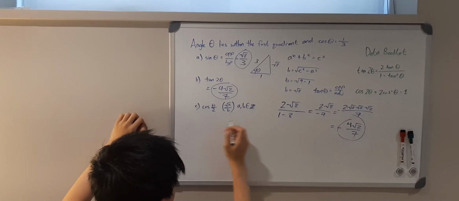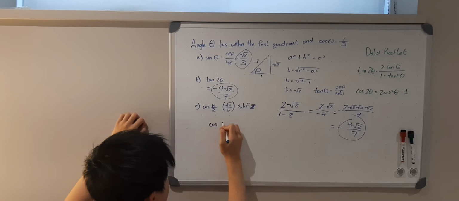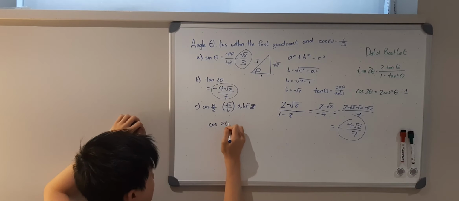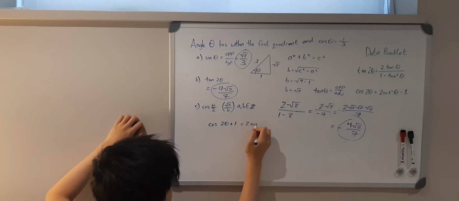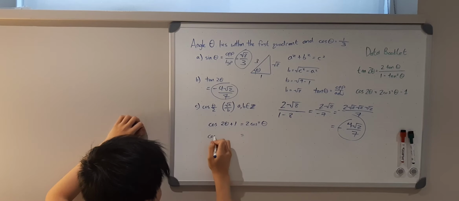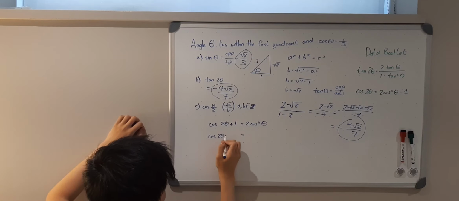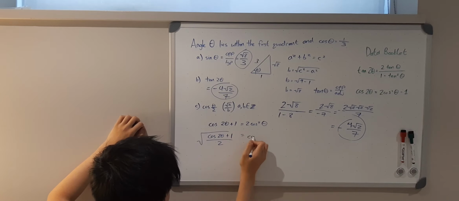We can add 1 on both sides: cosine 2 theta plus 1 equals 2 cosine squared theta. Divide by 2 on both sides and take the square root. So the square root of cosine 2 theta plus 1 over 2 equals cosine theta.